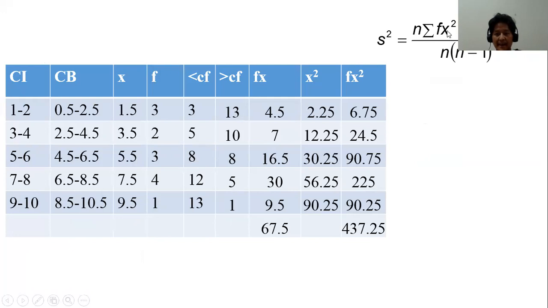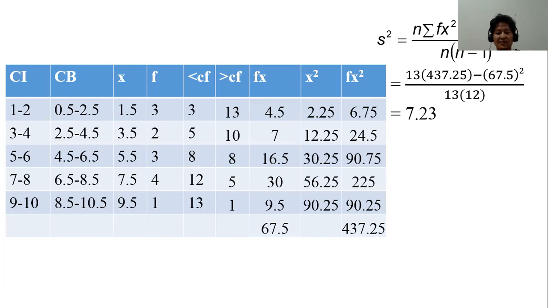So, tingnan nyo ha. Inadd muna natin yung lahat ng fx squared. Ito naman, inadd muna saka i-square dito. Okay, so if we get that, notice we have 7.20, or 2.69 ang ating standard deviation.